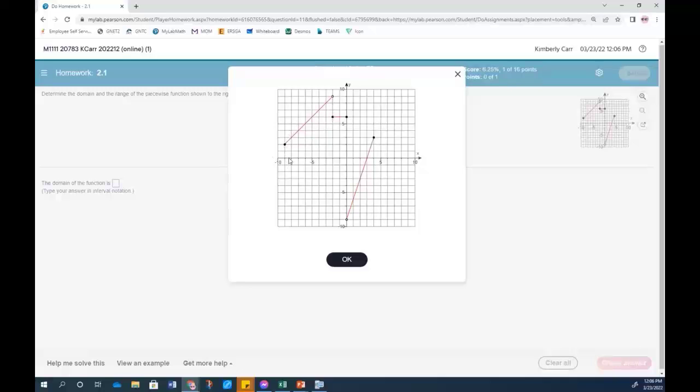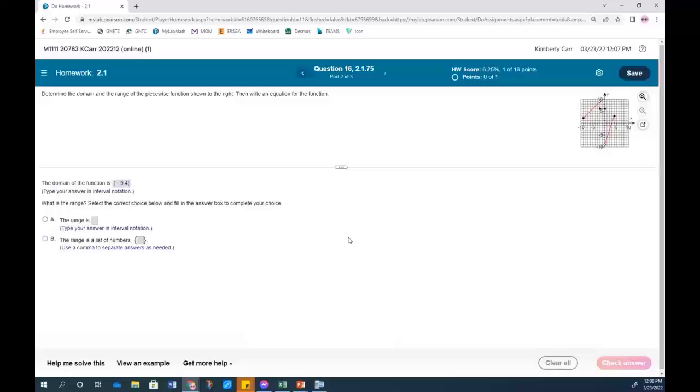So if all of this could get squished to the x-axis, it would cover everything from -9 to -2, but then that little straight part would cover from -2 to 0. And then beneath it, that last leg that's headed up would cover from 0 to 4. So it actually uses all the x values from -9 to 4.